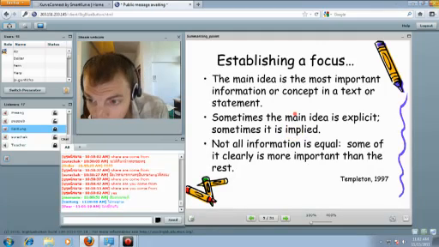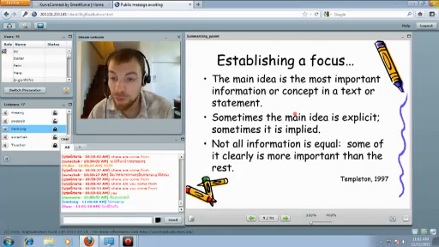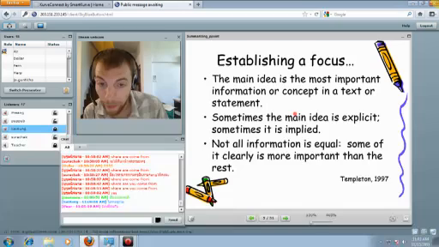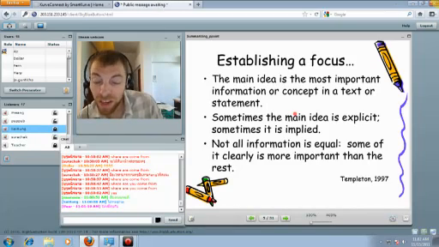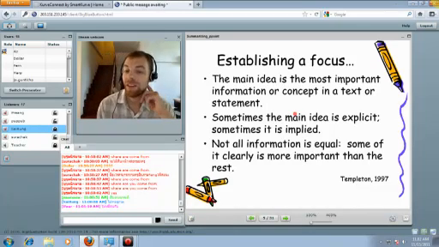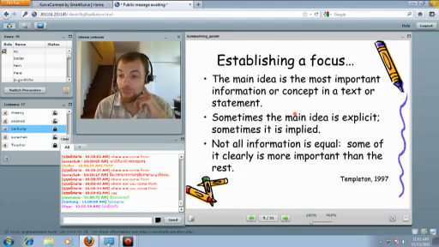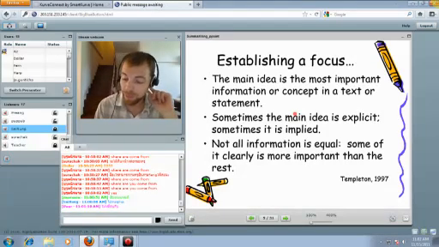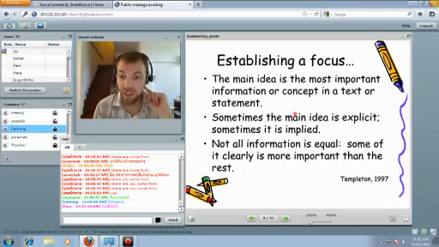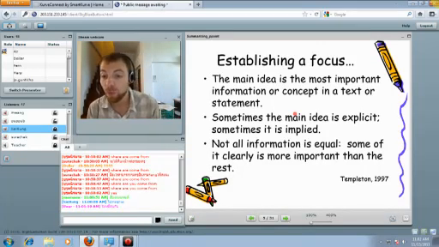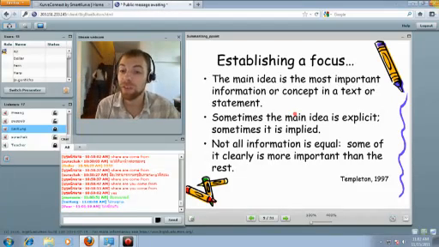Next, sometimes the main idea is explicit, which means easy to understand, very clear, but sometimes it is implied. The difference is, an explicit idea is, for example, skateboarding is fun. Very easy. We know what this is about.